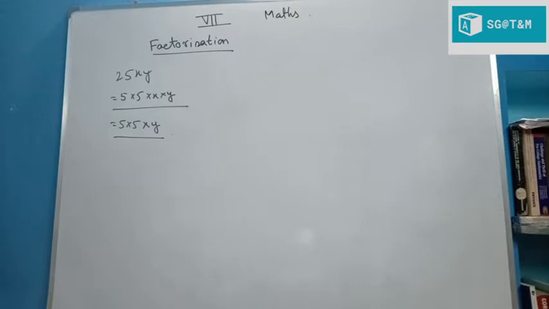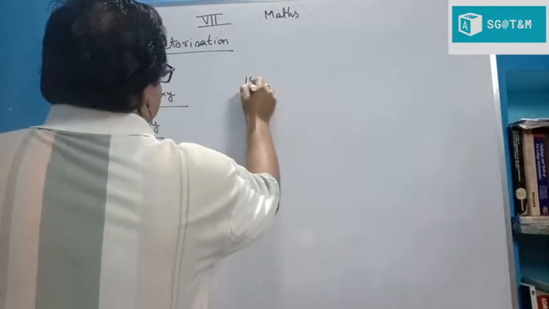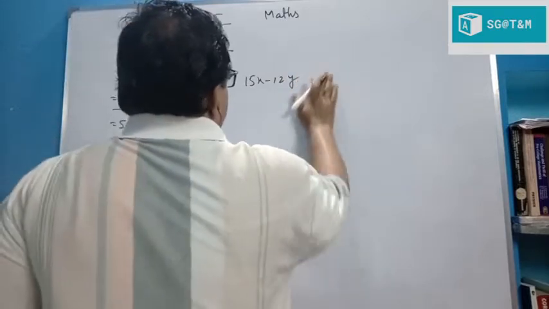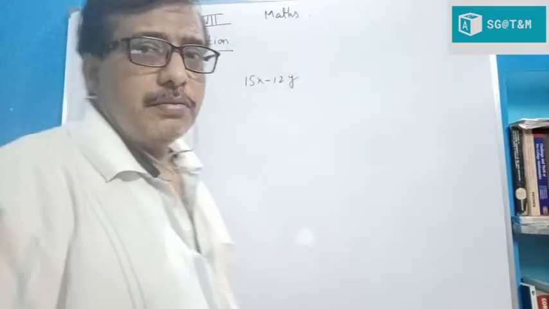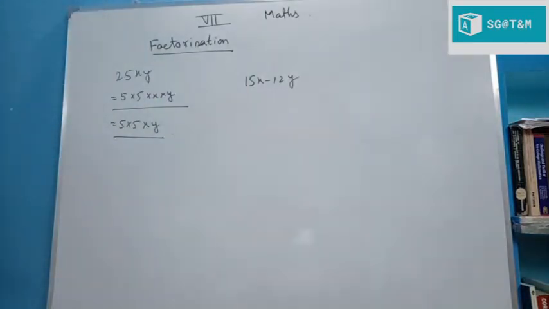Let us take another example: 15x minus 12y. We are going to factor this. 15 is 3 into 5 and 12 is 3 into 4. Which is common to both the numbers?